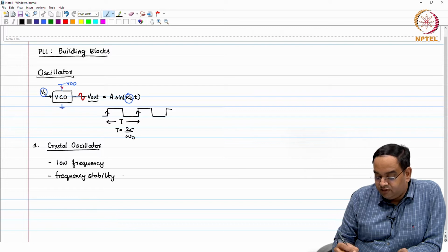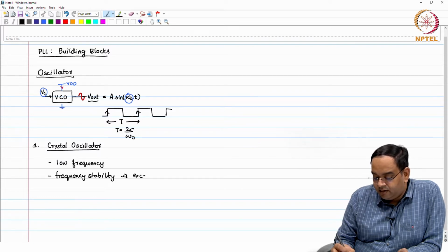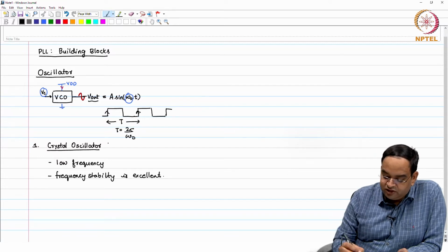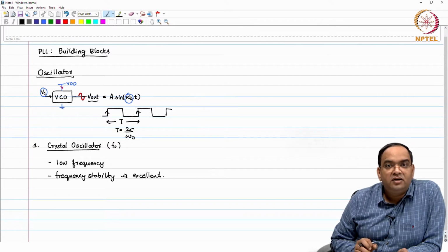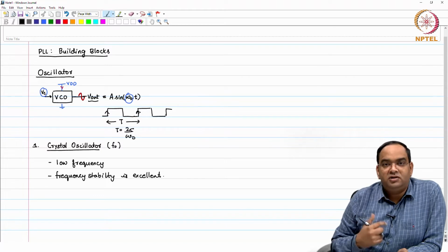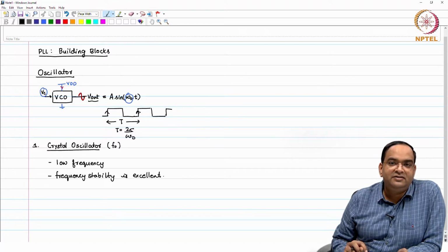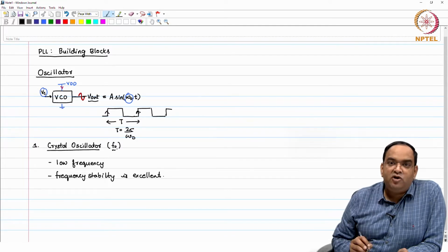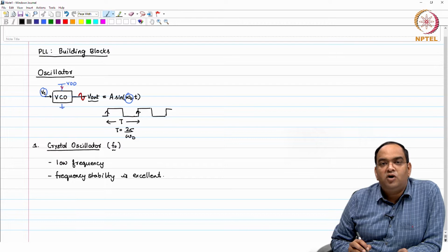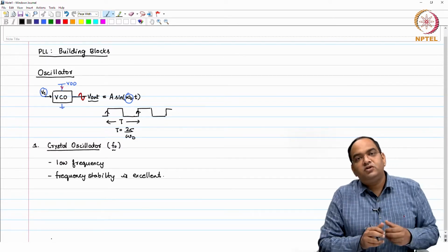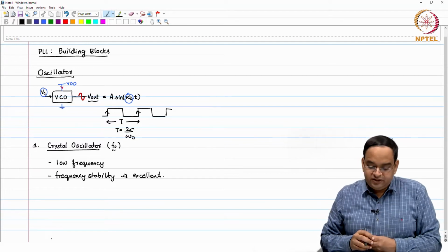Frequency stability is excellent here, which is: when you have a crystal oscillator whose output is at frequency f naught, right, f naught is a function of your device sizes within the crystal oscillator, and this frequency f naught may vary depending on the temperature, depending on the voltages which we are feeding to the crystal oscillator and other process parameters.